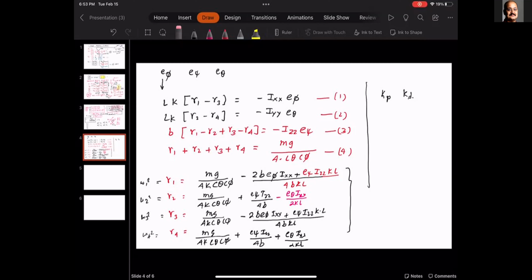But please understand, it all depends upon how good my Kp and Kd values are. Again, there are a lot of techniques to find Kp and Kd. The first approach is sort of trial and error, to get the right values of Kp and Kd and then see if it works.